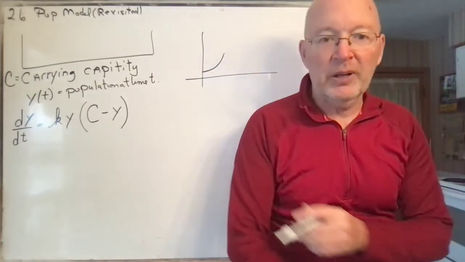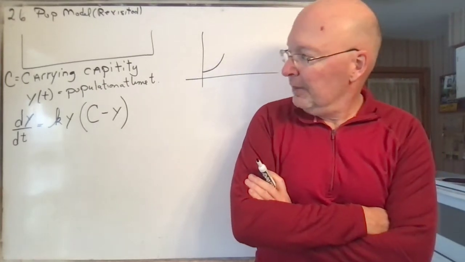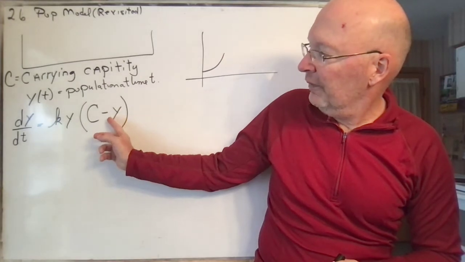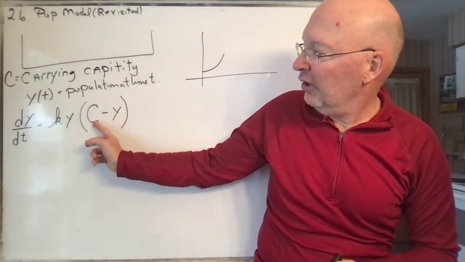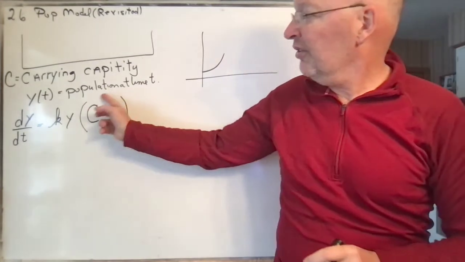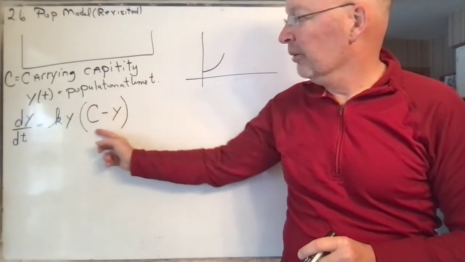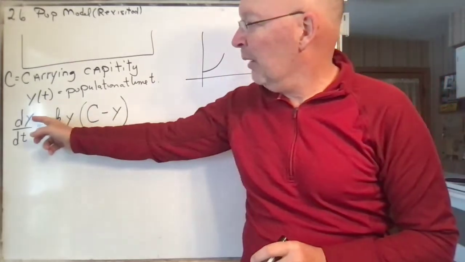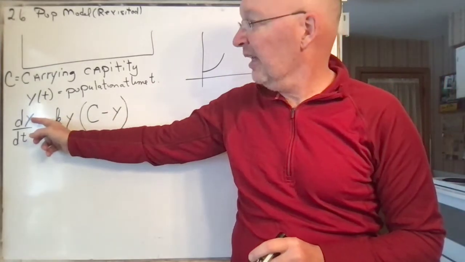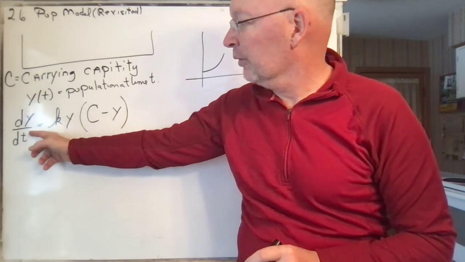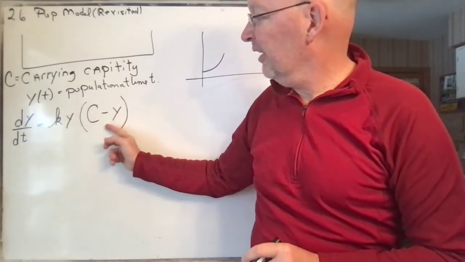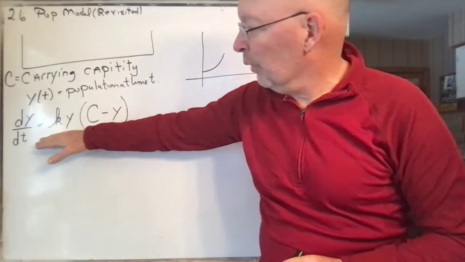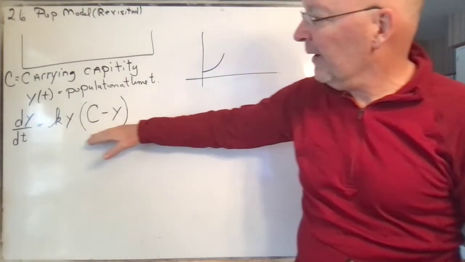Just your general exponential growth. But as the population gets close to C, then notice that this is going to get smaller, right? It's going to go to 0. And as this goes to 0, the amount of growth is going to be less. Agreed? That's what this is saying. The growth is equal to this thing right here, and so if this thing gets closer to 0, that means that the amount of growth gets closer to 0. That's really what we're after, isn't it?